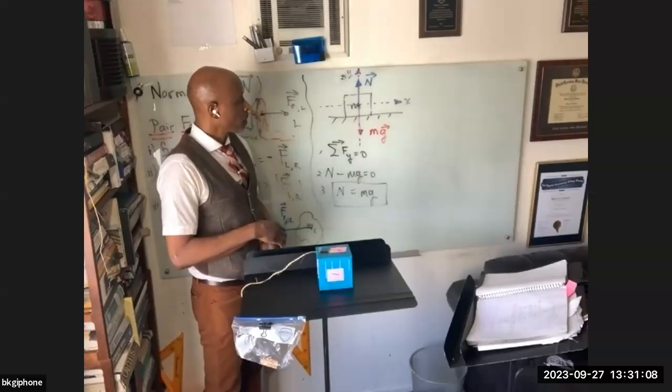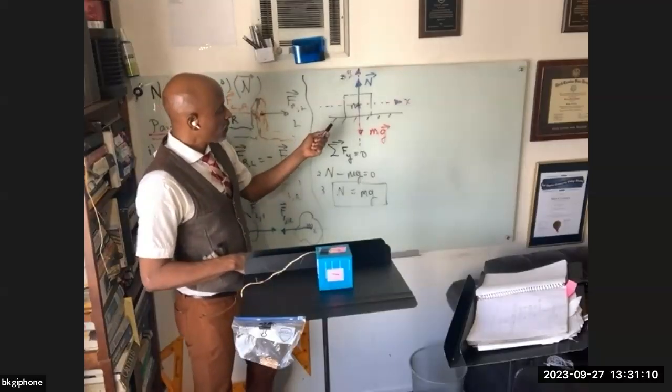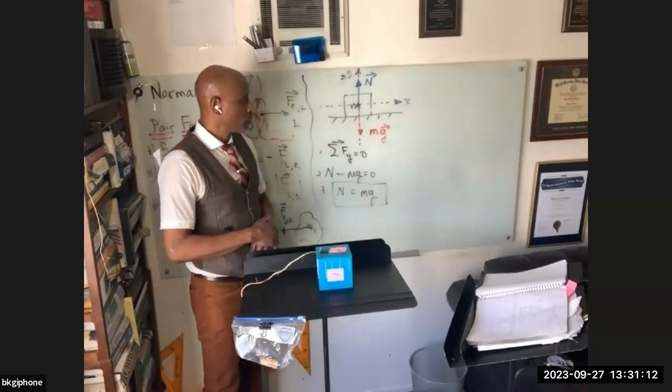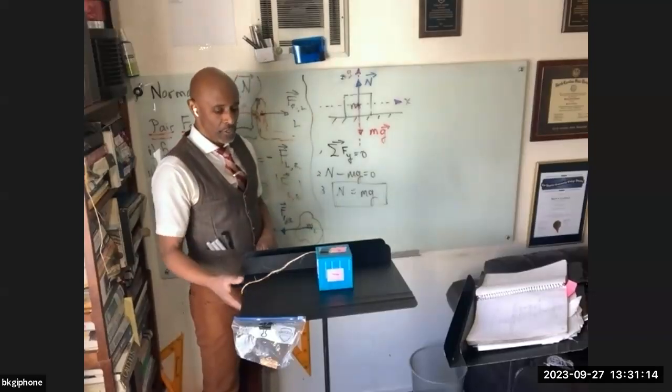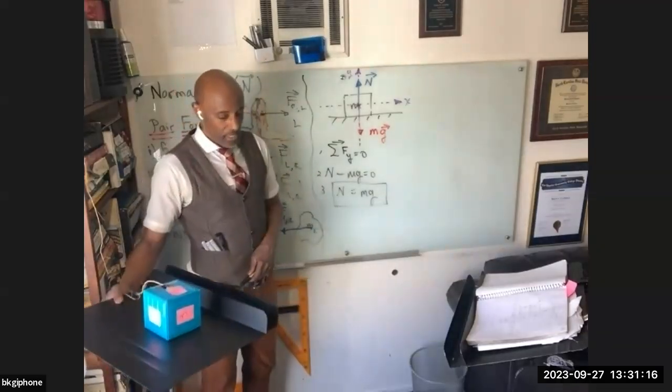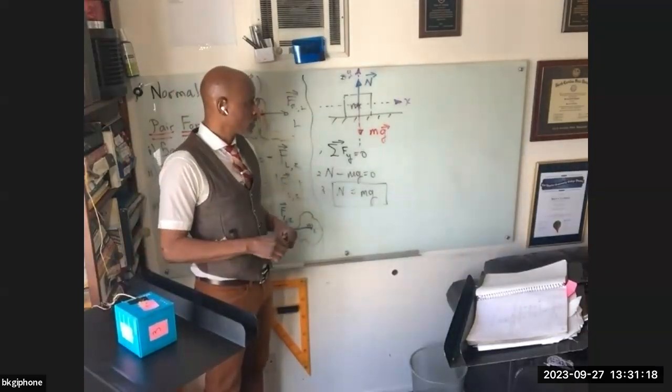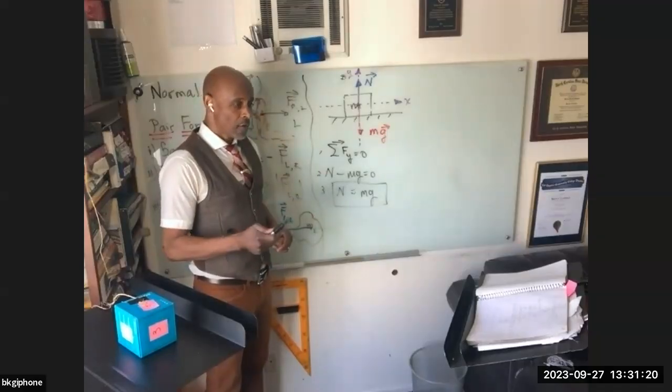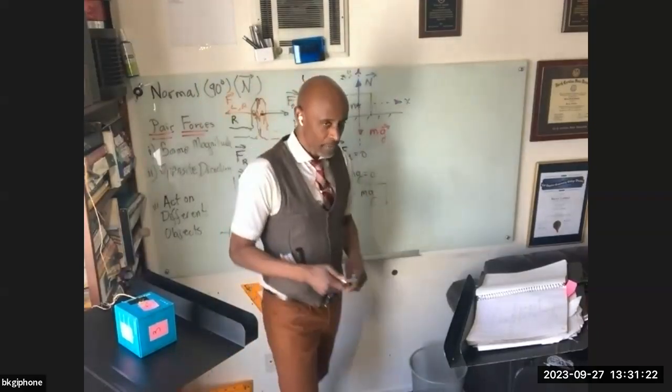So again, are those forces acting? Those are two forces. They are the only two forces on our object, the weight and the normal force. So I ask you again, are those forces acting on different objects? Yes. No. Okay.